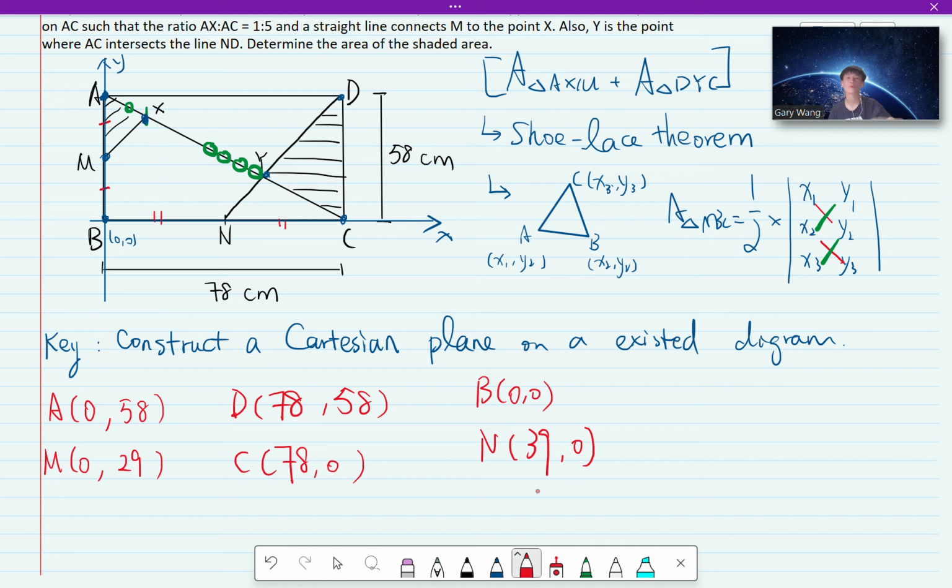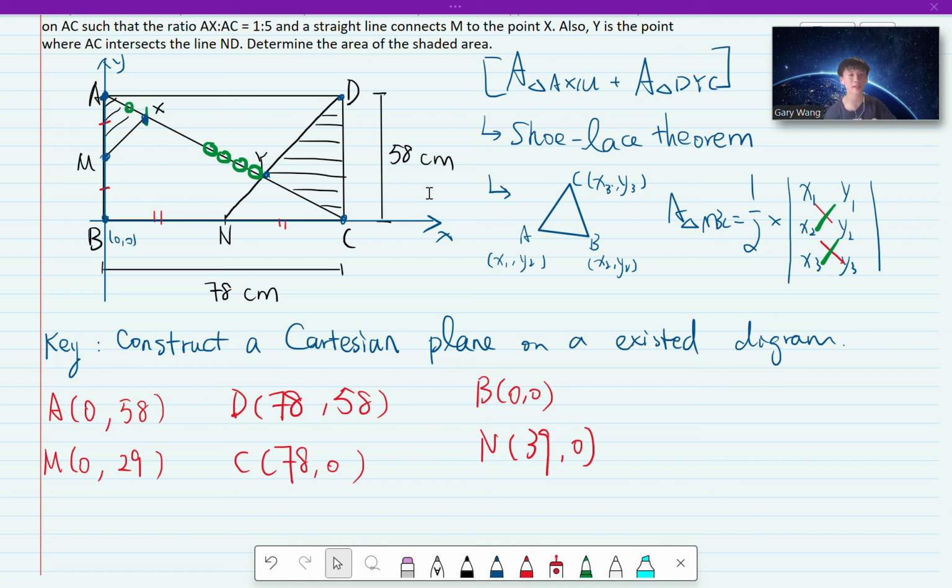And now we need to figure out a way to solve for the coordinates of X and Y. So how can we do that? First, if we want to solve for these 2 points, we should tie it back to the application of the slope of a line. So how can we get some equations of a line? Why getting the equation of a line?